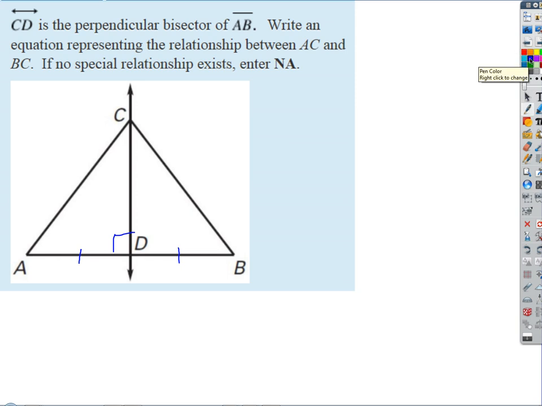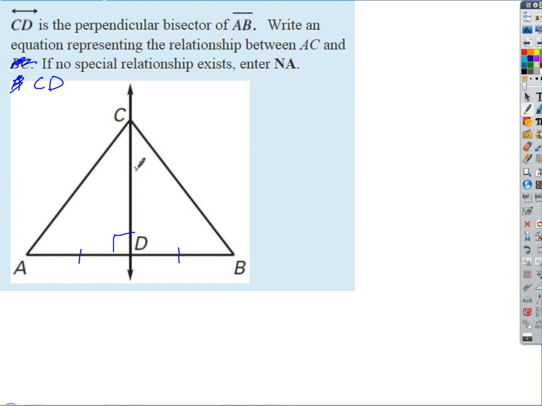Say this didn't say BC, and it said how about CD? So now we want to see if we can come up with a relationship between AC and CD. Is that a relationship?